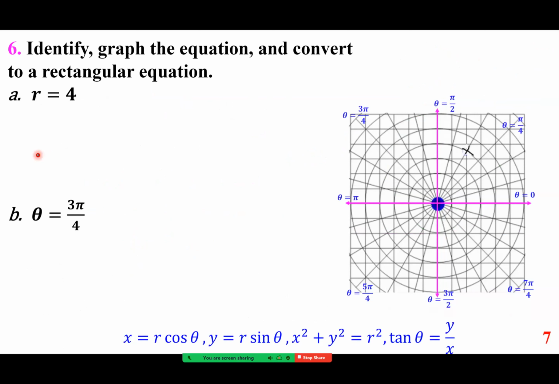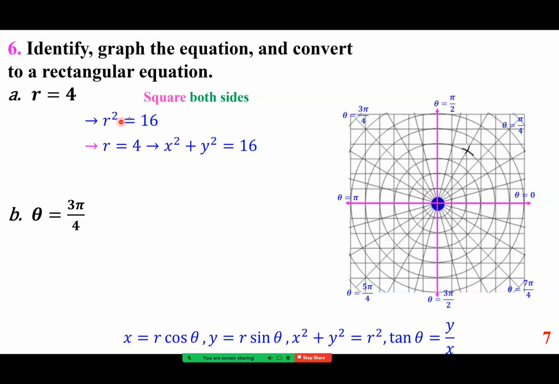Those are also common. r equals 4. The easiest one would be to square it. That gives you r squared equals 4 squared, or 16. So square both sides. And that means when r equals 4, x squared plus y squared equals 16, because r squared is x squared plus y squared.